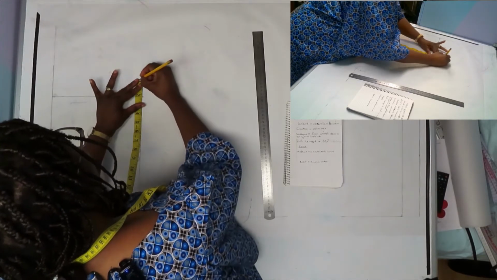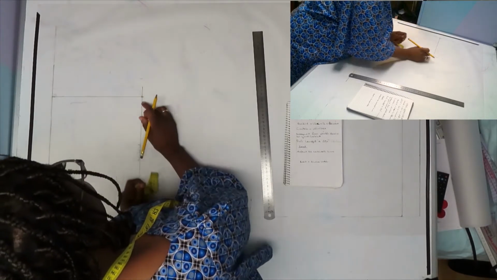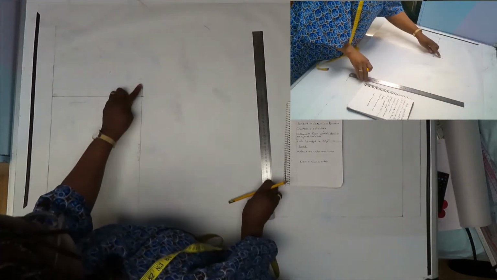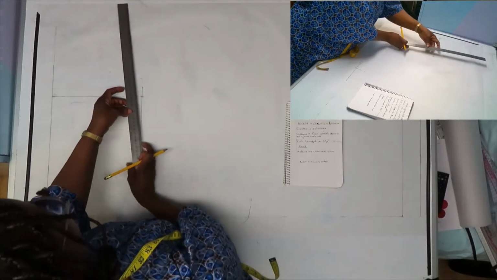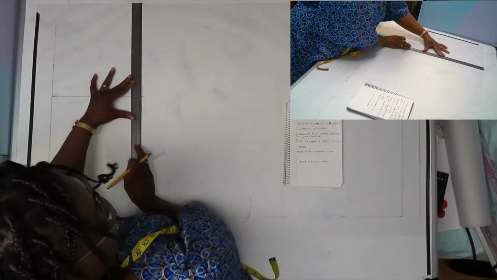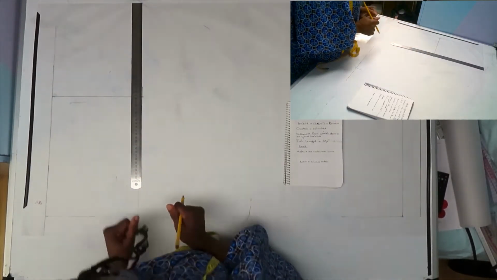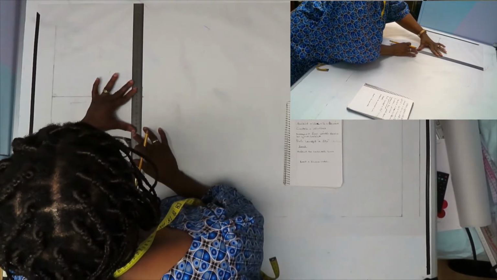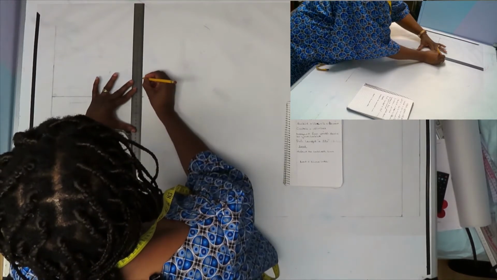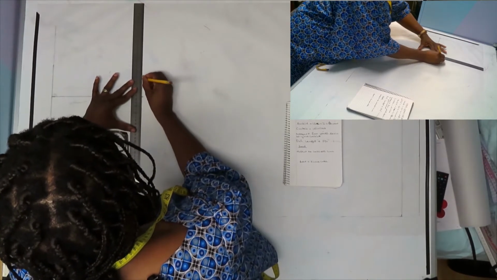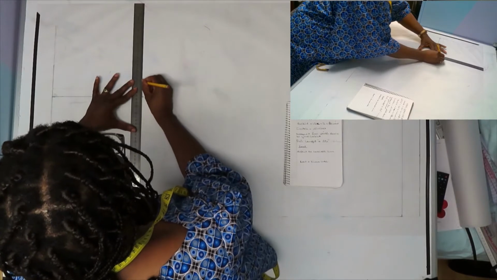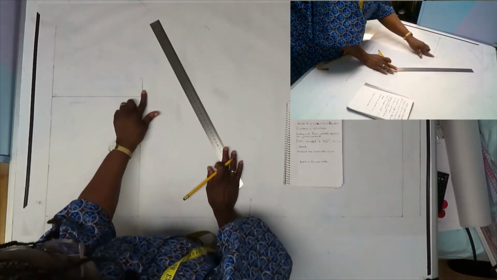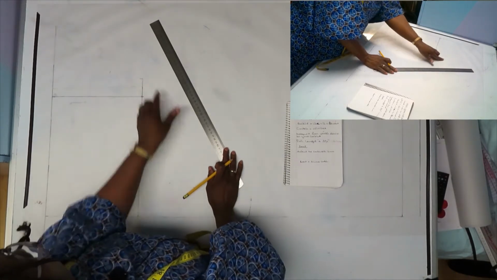Just from this point where you measured your hip measurement, you extend to 2 inches. Yes, 2 inches. So you just extend it like this.